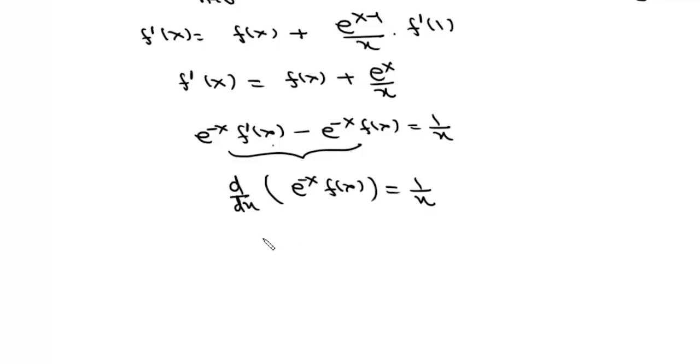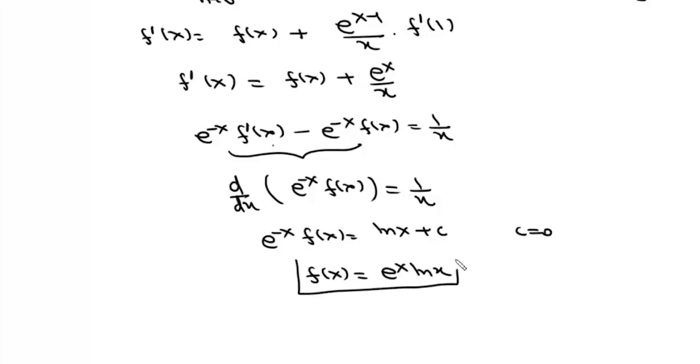Now we integrate this, we can write e^(-x) f(x) equals log x plus c. Now when x is 1, f(x) is 0. So clearly the value of c is 0. So we can write our function f(x) as e^x into log x. And that is the answer to this question.